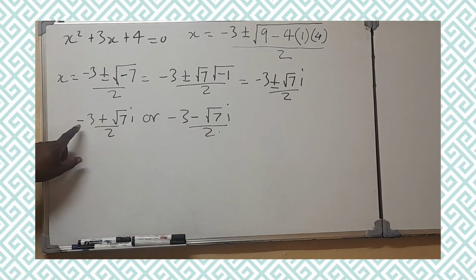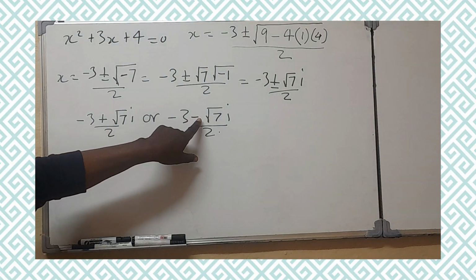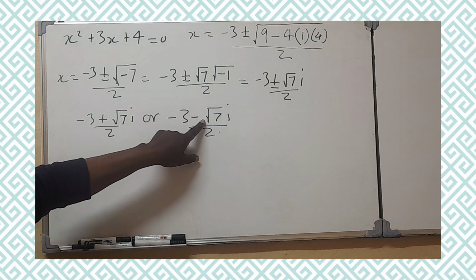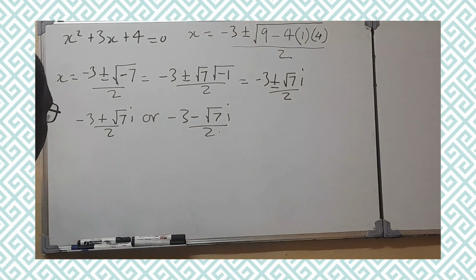Look at the difference. It's a minus 3 plus this. Then this one is a minus 3 minus that. So this one is the complex conjugate of this one and vice versa.